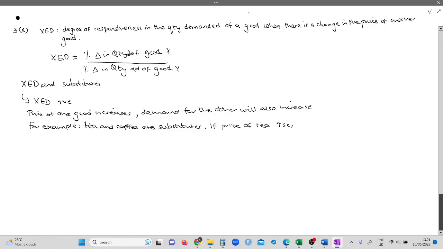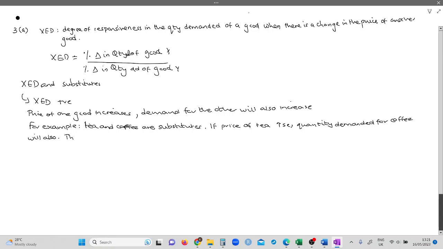Quantity demanded of tea will fall. So, the law of demand, the inverse relationship between price and quantity demanded. So if the price of tea increases, quantity demanded of tea will fall. Now, what will happen? If people do not want to consume tea, they will consume more coffee. Therefore, quantity demanded for coffee will increase. This is why we say that there is a direct relationship.